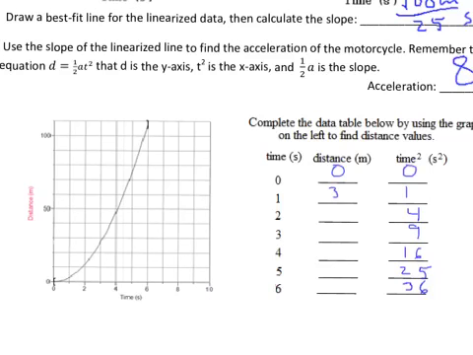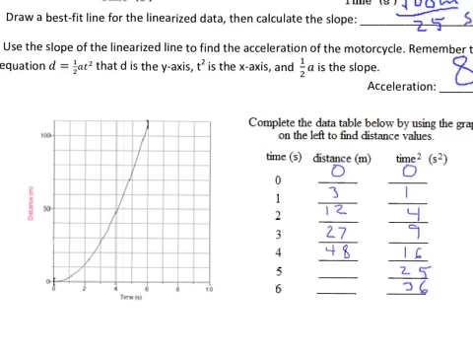So at time 2, it looks like it was about, I'm going to go with 12. And at time 3, I'm going to call that, what do you want to call it, 27? Let's go with 27. And at time 4, let's see, I'm going over to 4, I'm going to call that 48.